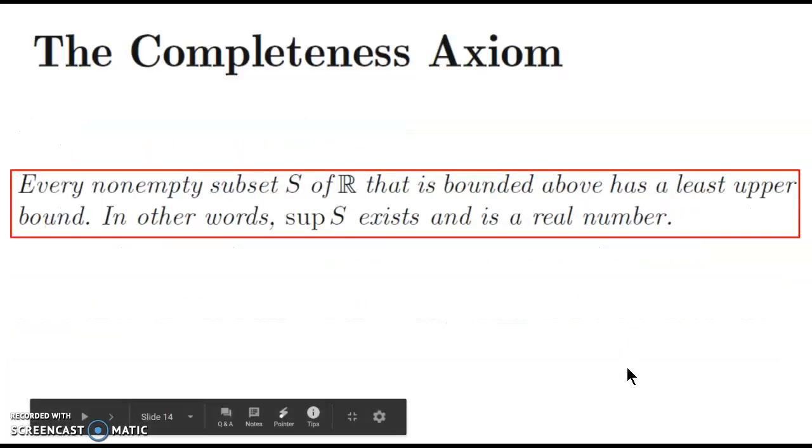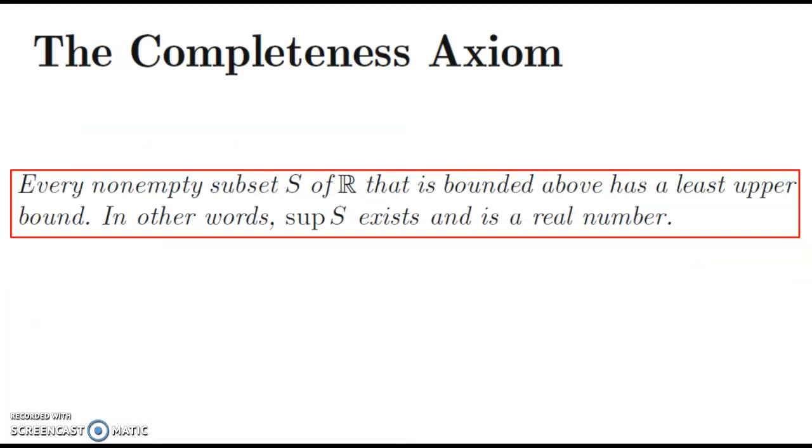Now this is the important one, the completeness axiom. Every non-empty subset S of R that is bounded above has a least upper bound. In other words, the supremum of S exists and is a real number.